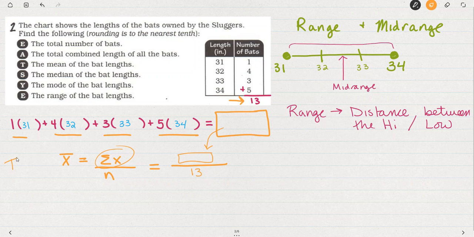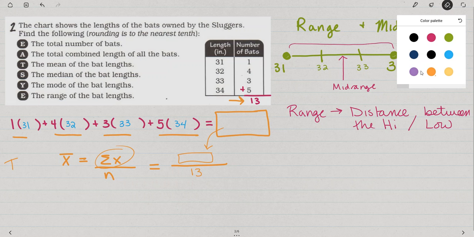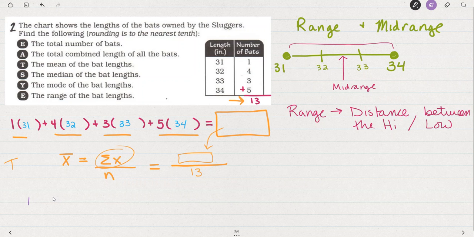The median of the bat length, if we listed all of the numbers, now it's not done like this yet, but if we listed them, I'm seeing that I could simplify this, I know they're all in the 30s, so I'm just going to list them as 31, 32, 32, 32, 32, 33, 33, 33, 34, 34, 34, 34, 34.